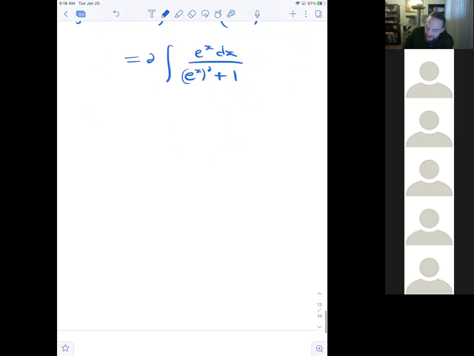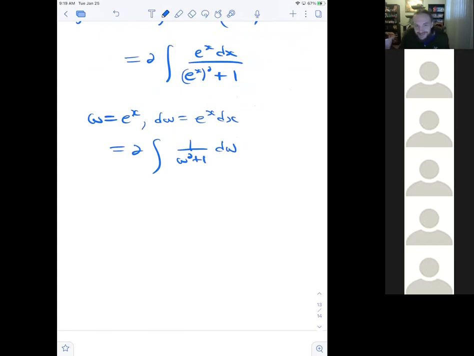So then I'm going to let w equal e to the x, so dw is equal to e to the x dx, and this equals the integral of 1 over w squared plus 1 dw. For csch, I need partial fraction decomposition, but this one I can sneak in there.